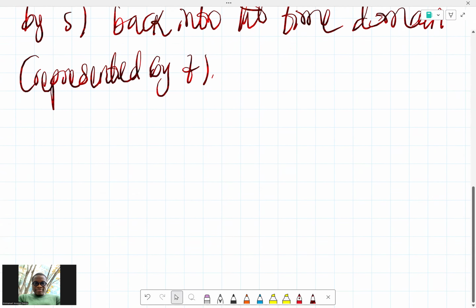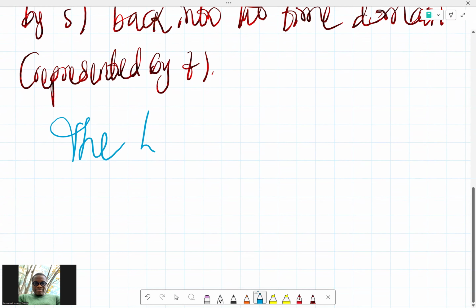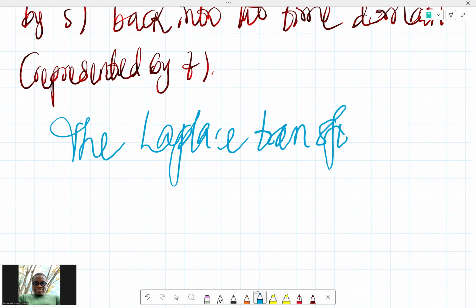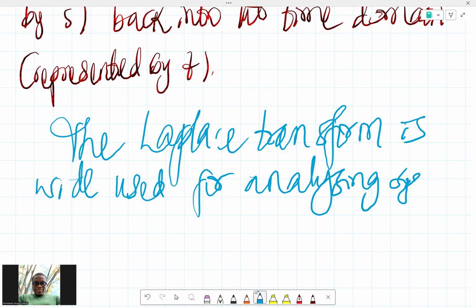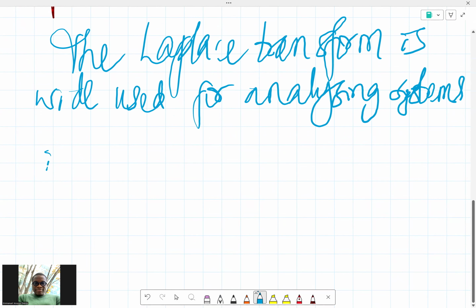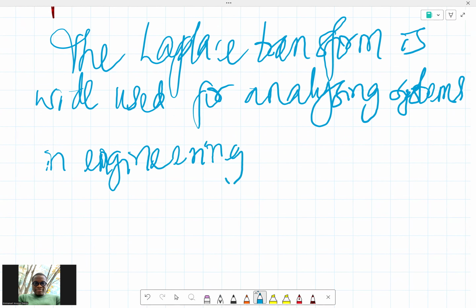Okay, so the Laplace transform is widely used for analyzing systems in engineering and control theory.